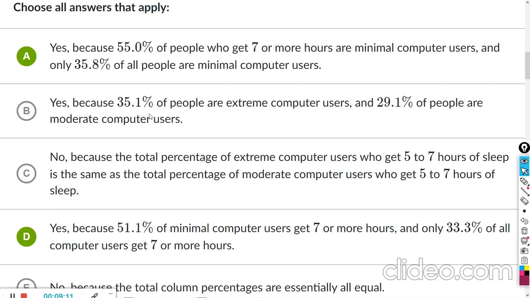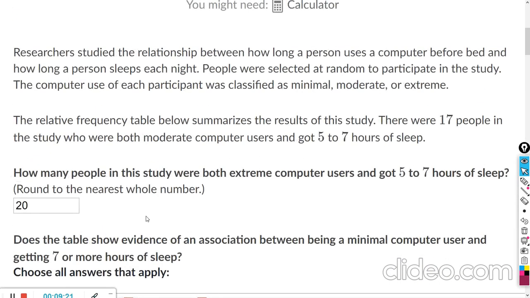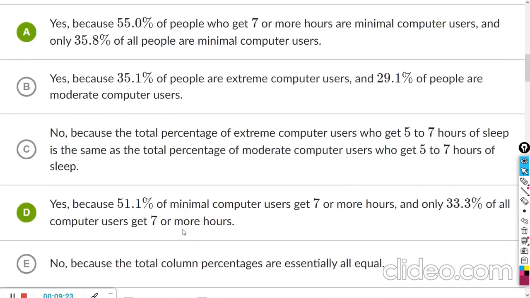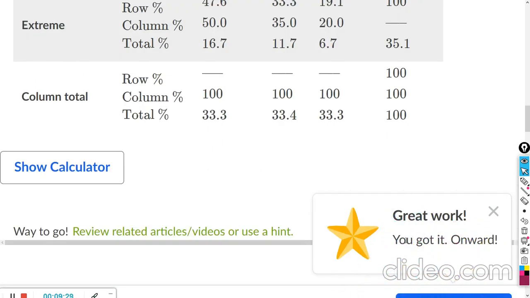So answer B didn't have anything to do with 7 or more hours sleep. So A works and D works, all right? And I got the 20 right there. So let's hope this is correct. Okay, got it correct.